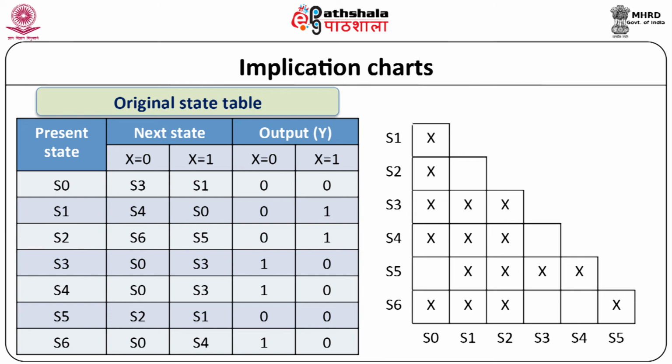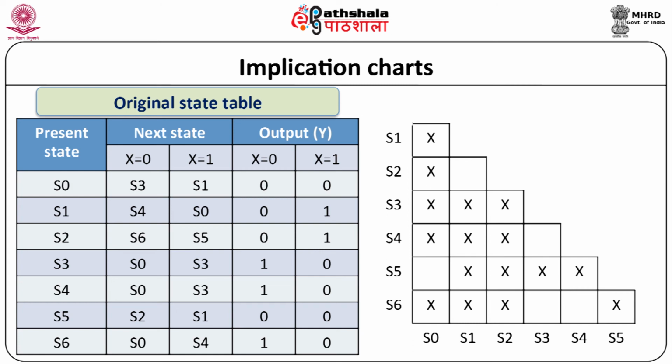Let us test equivalence of S0 with the rest of the states S2, S3 and so on. Place an x in the square where the outputs are different. These states cannot be equivalent. On similar lines, the equivalence test is carried out for the rest of the columns for S1, S2, S3, S4 and S5.